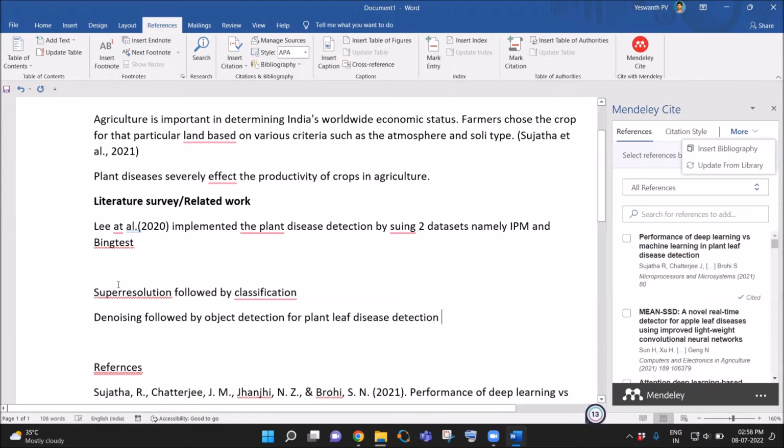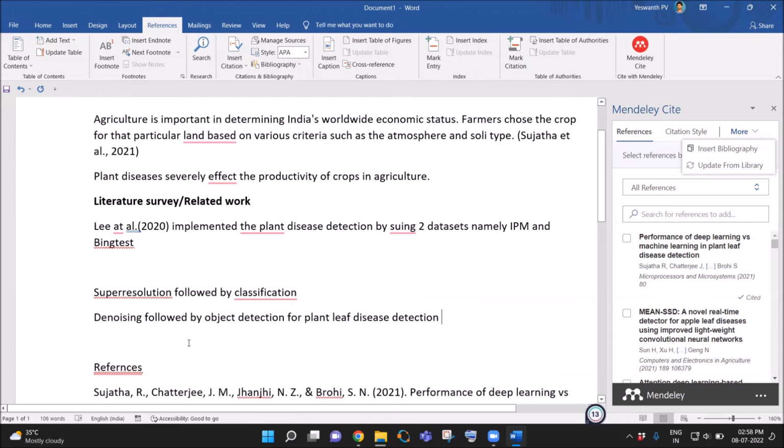Okay, this is how we can take some topics, and for this we can write the introduction related to denoising, and we can write the introduction related to object detection, and finally we can combine denoising followed by object detection.